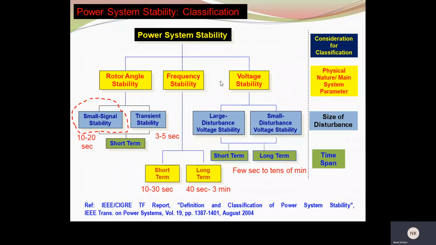Then in respect to frequency stability, we have a short-term one of duration 10 to 30 seconds. And the next one is long-term, of longer duration, from 40 seconds to 3 minutes or so.